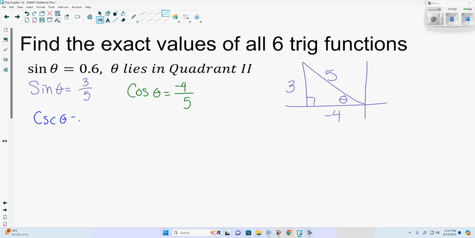Cosecant of theta is just the flip of sine. 5/3 is what we got, 1.6 repeated. Secant of theta here would be negative 5/4 or negative 1.25, which is still what we got, yes? Yes.